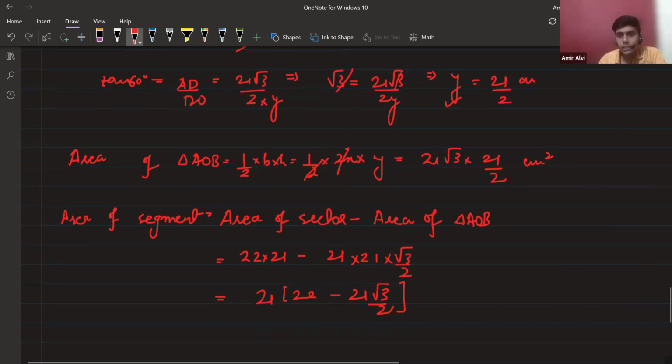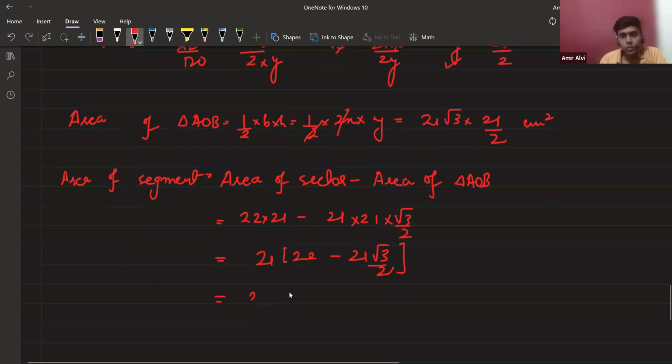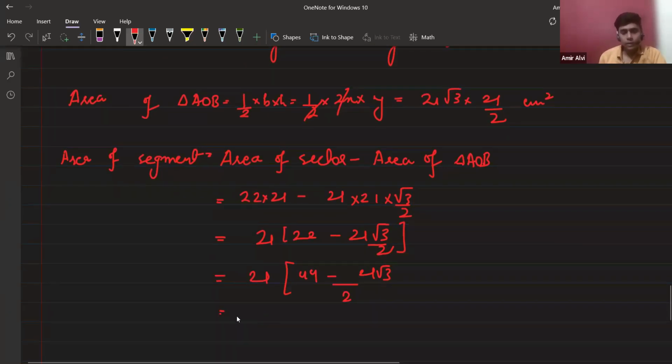Everybody, is that clear to you, yes or no? So it will be 21 into 44 minus 21 root 3 by 2. I have taken the LCM, that's why 2 will be multiplied with this.